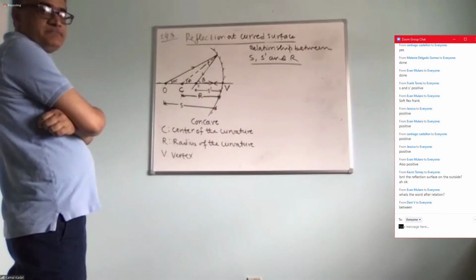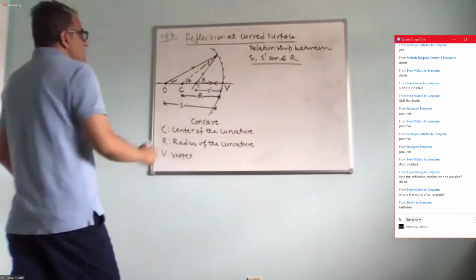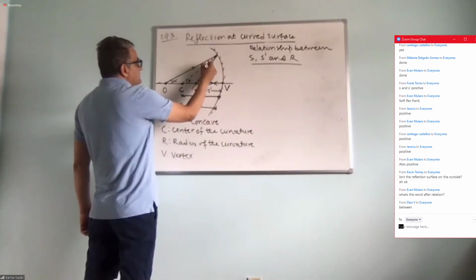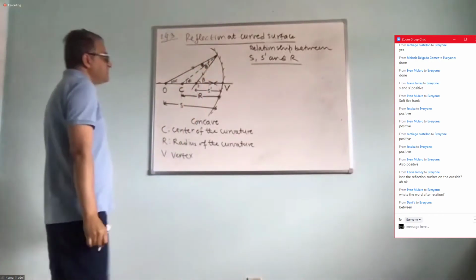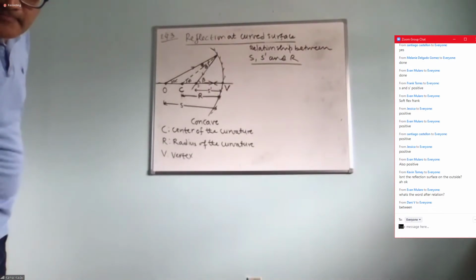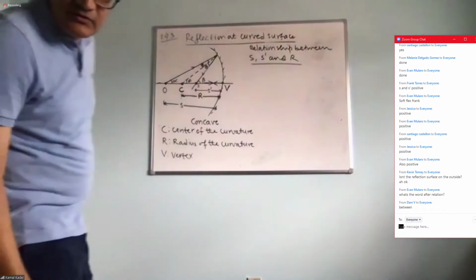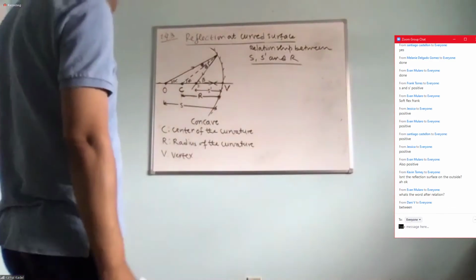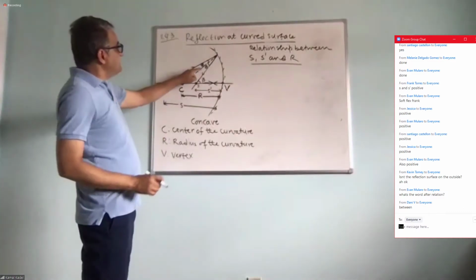Now, if I say this angle is theta, this angle also has to be theta because they are equal. Relationship between, yes, between. Now, this angle is theta, this angle is theta.